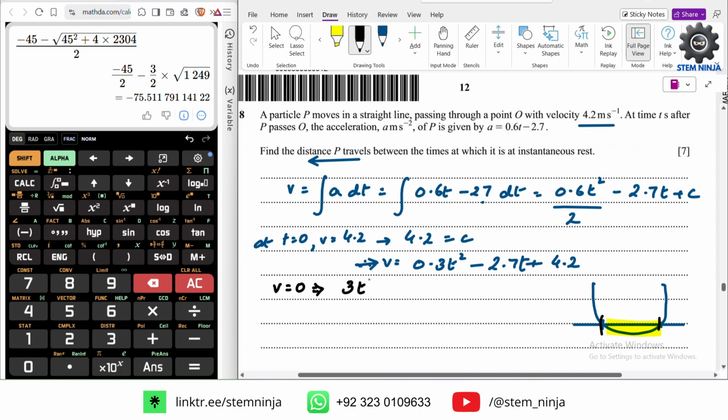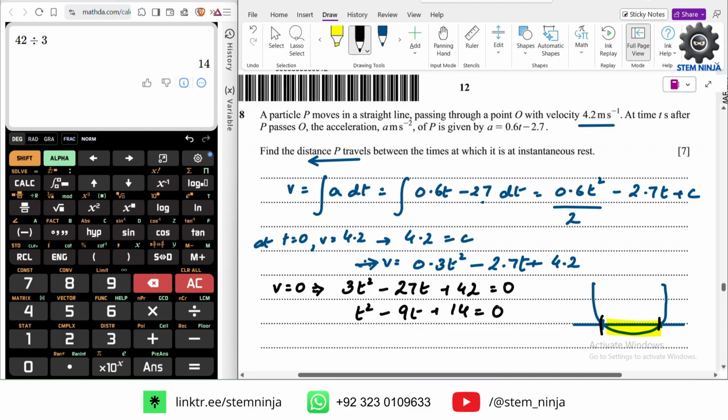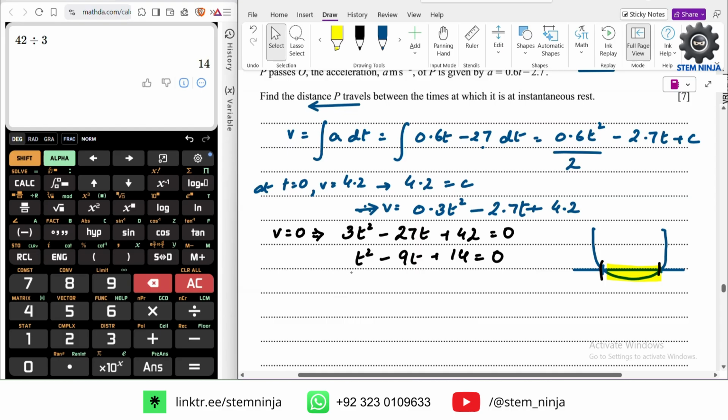We get 3 t squared minus 27t plus 42 equals 0. Then t squared minus 9t plus 14, since 42 divided by 3 is 14. So 2 and 7 give us 14. So t minus 2, t minus 7 equals 0. So one value is 2, one value is 7.